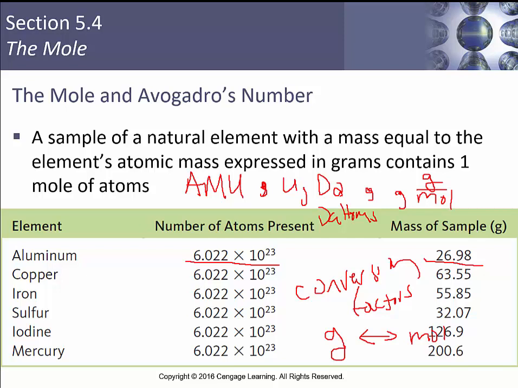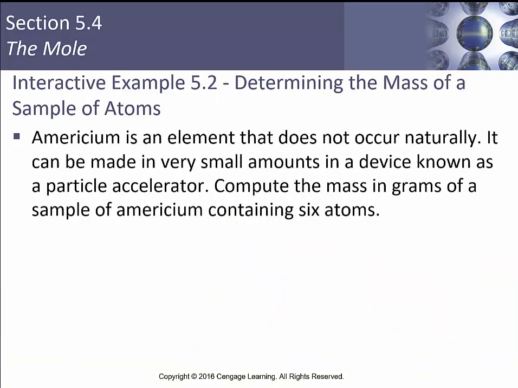If I multiply by our atomic mass, I go from moles into grams. If I divide grams by our atomic mass, I go into moles. There's a divide-into-moles mnemonic you can use too, because if you're doing that division, it brings you into moles. So let's look at an example.